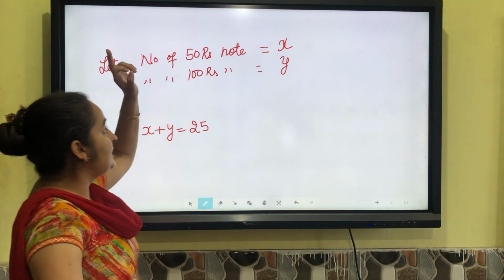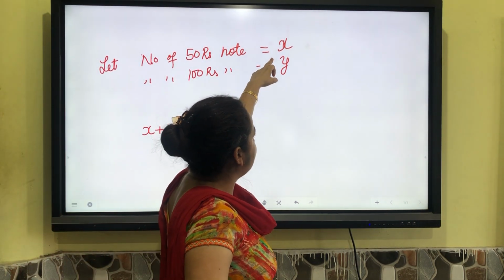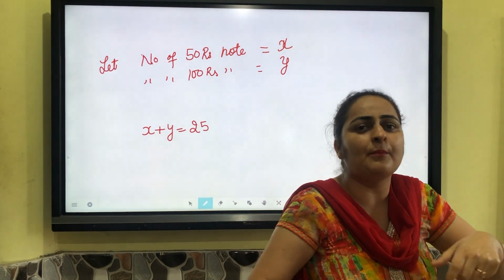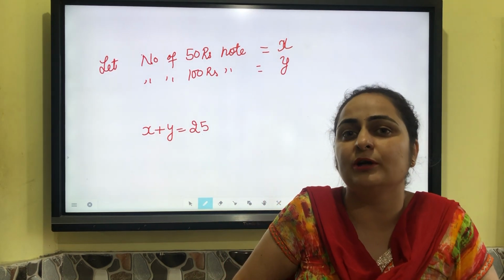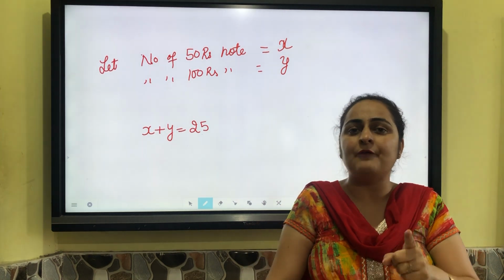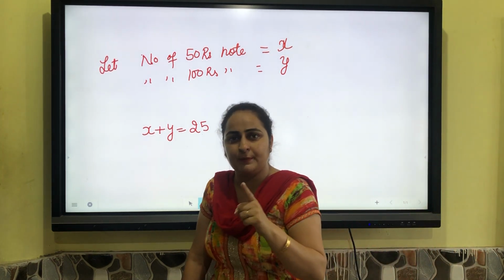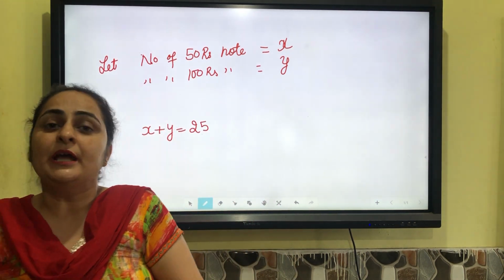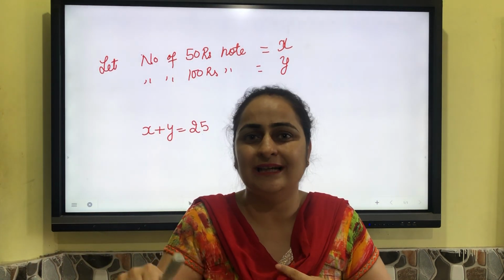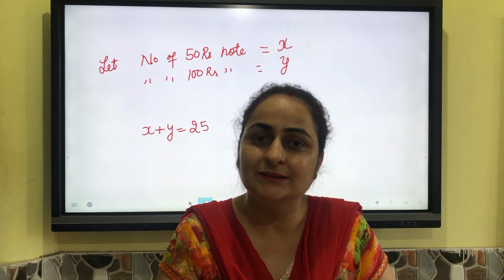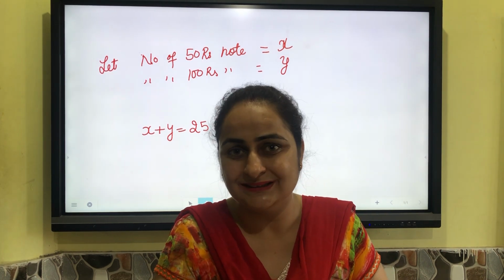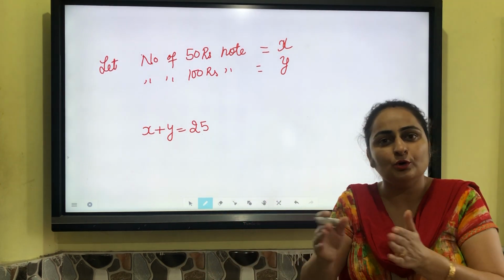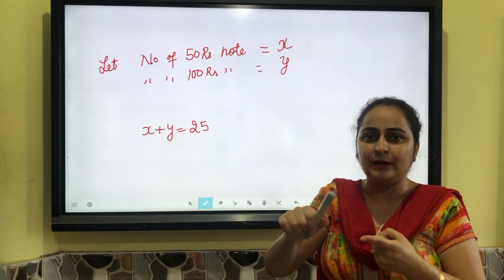If the number of 50 rupee notes in your purse is X, then what is the amount of 50 rupee notes in your purse? If you have only one note in your purse, you have only 50 rupees. If you have two notes, you have 100 rupees. Then how am I converting the notes into rupees? 50 multiplied by 2.